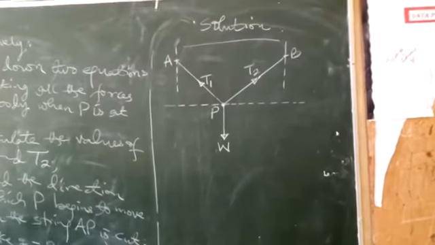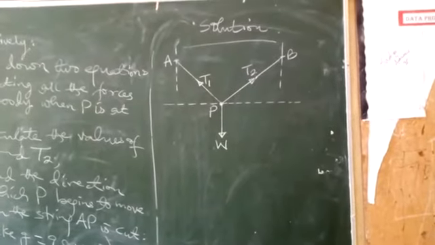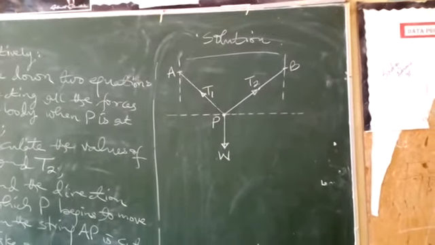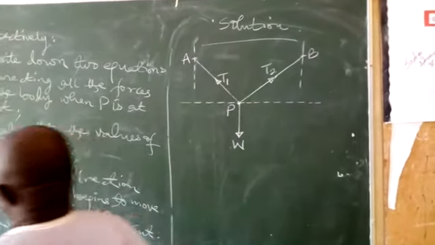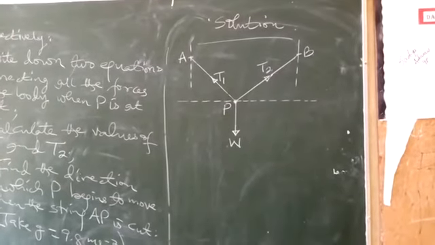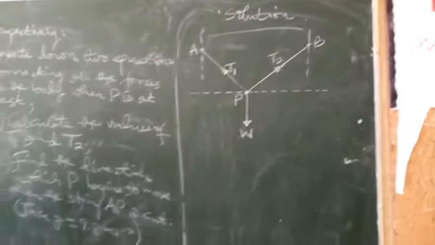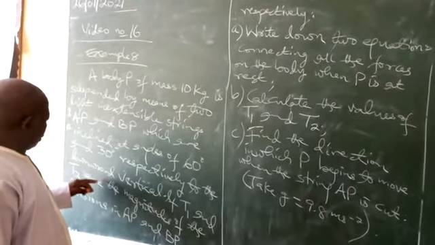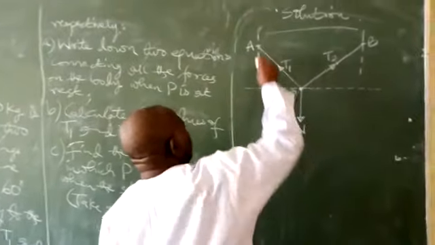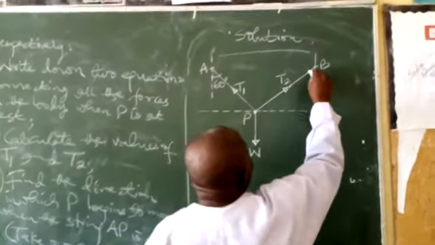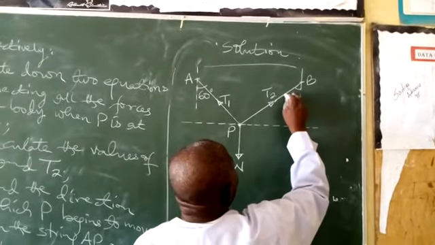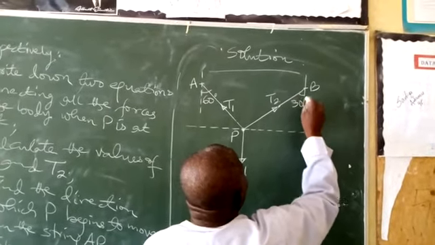T1 is the tension in AP, while T2 is the tension in BP. Now we are told that these strings are inclined at angles of 60 degrees and 30 degrees respectively to the downward vertical. This is the downward vertical. This angle is 60 degrees, this one is 30 degrees, according to the question.